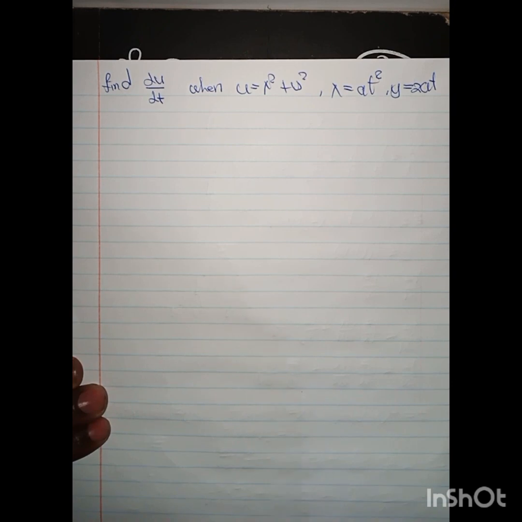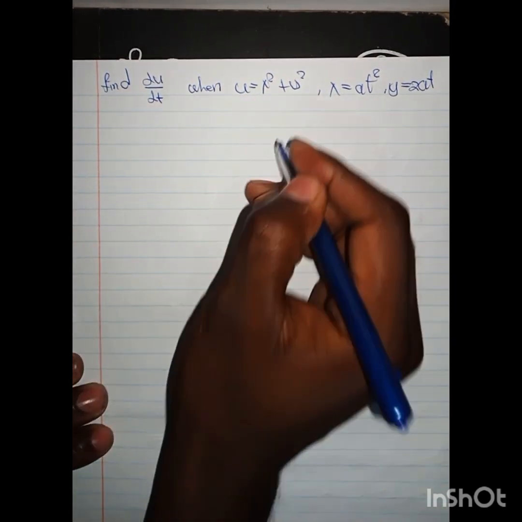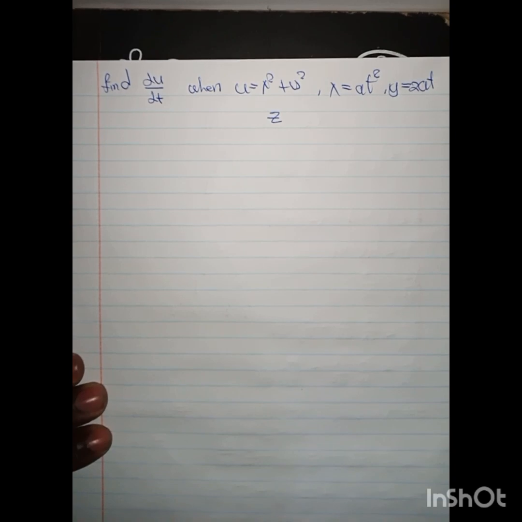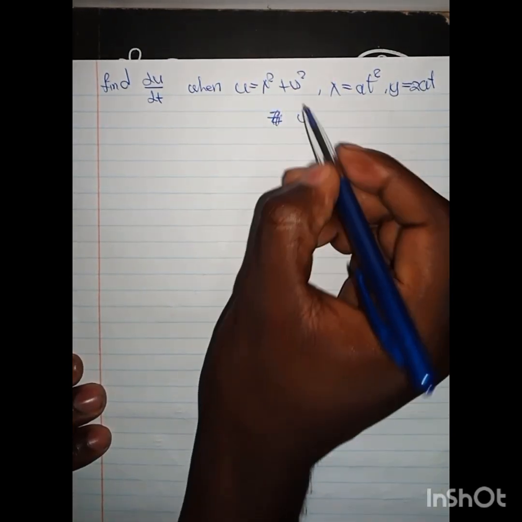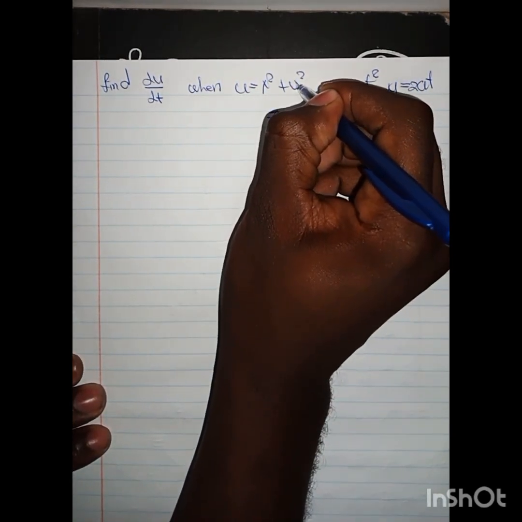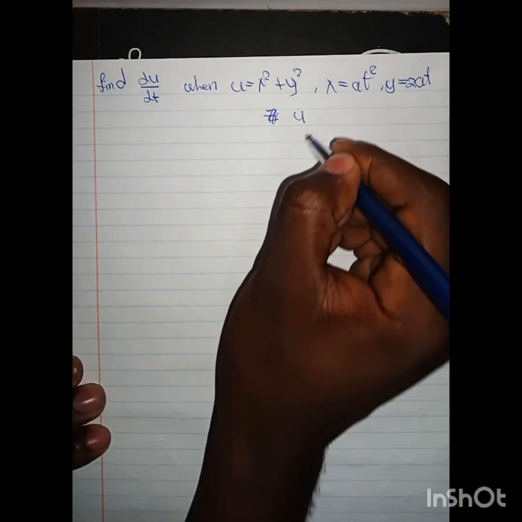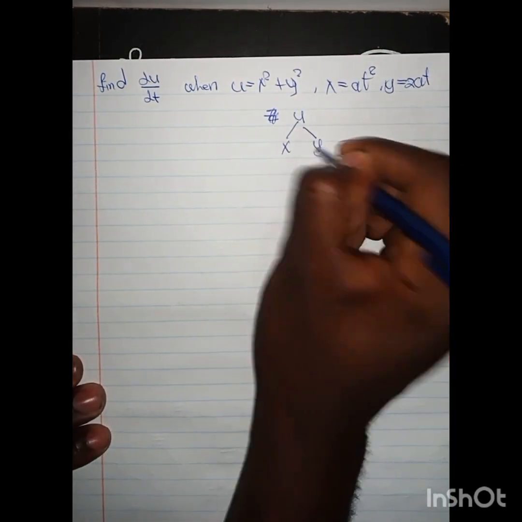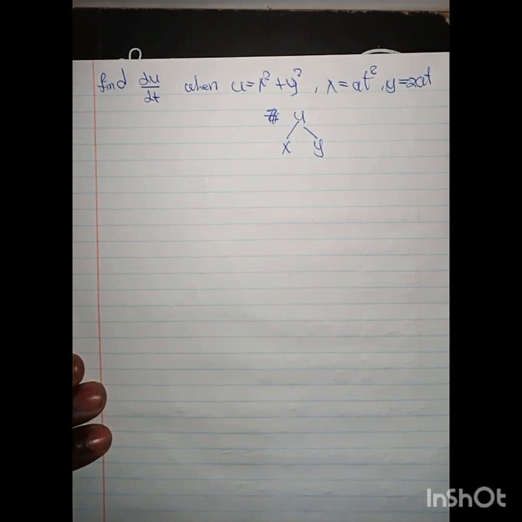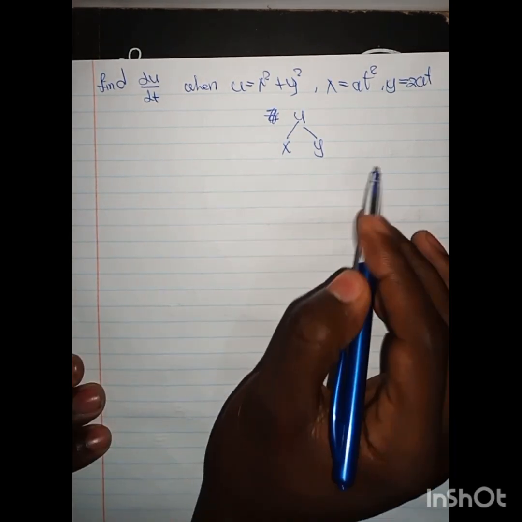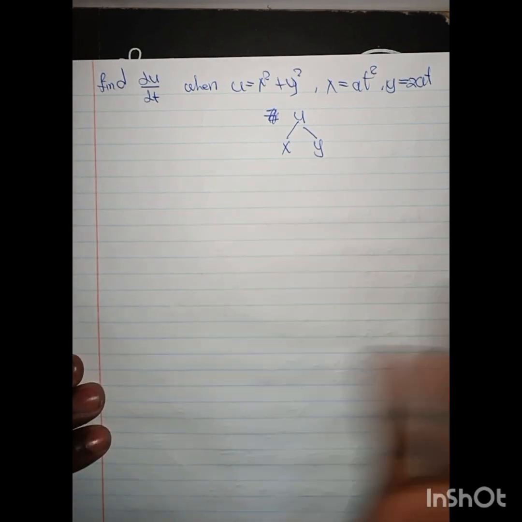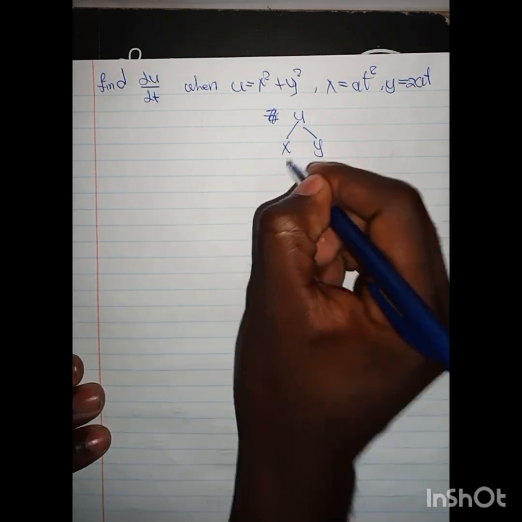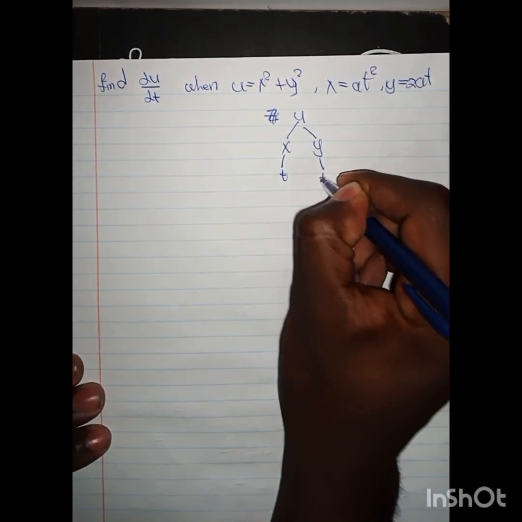We want to find du/dt. When we check, u is the main function, and the main function depends on x and y, which are subfunctions. However, x and y depend on a and t, but we want to differentiate u with respect to t. Therefore, we don't have to consider the variable a.